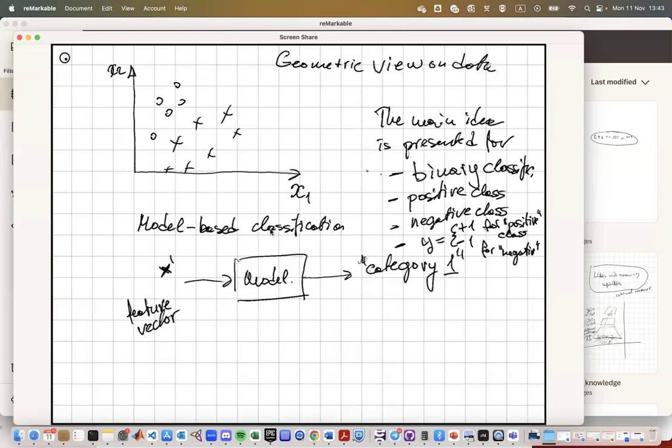And we say that all these samples should be mapped to the +1 Y label, and all this circle data should map to the -1 Y label.